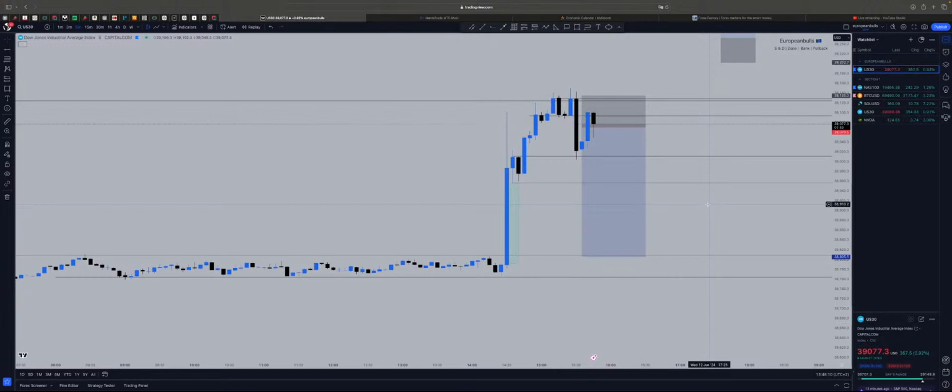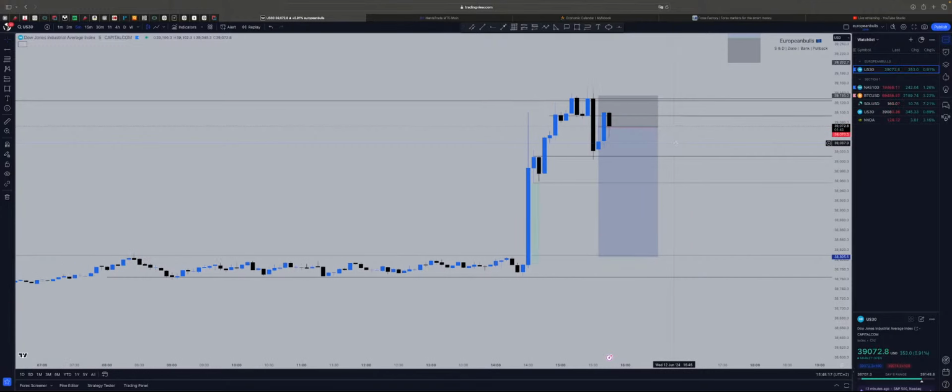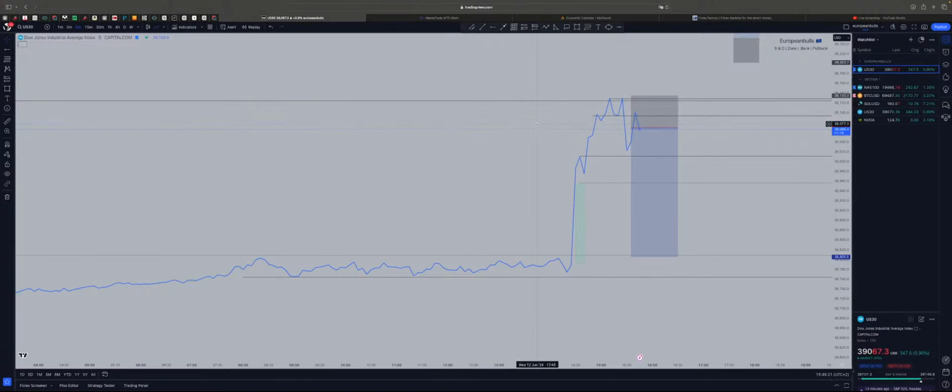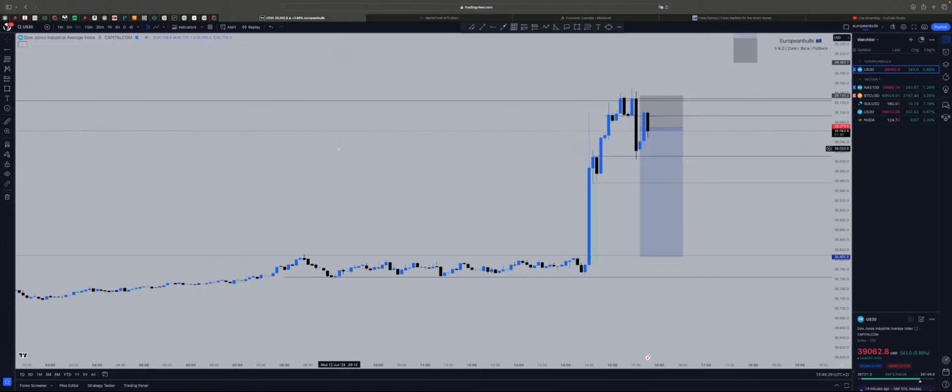So let's see how it goes. Because in the line chart you can see that the price had made a lower high, a lower low, and it's probably gonna make a lower high. If it does, it's good for us.